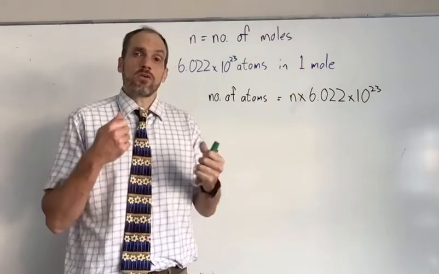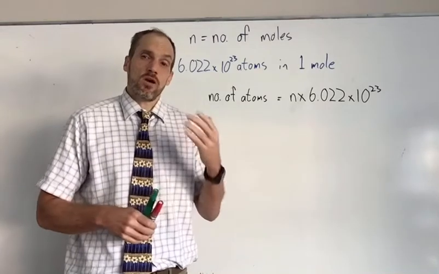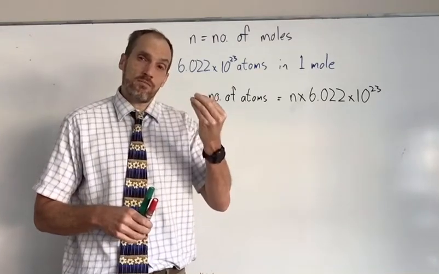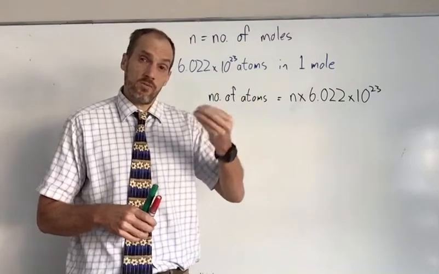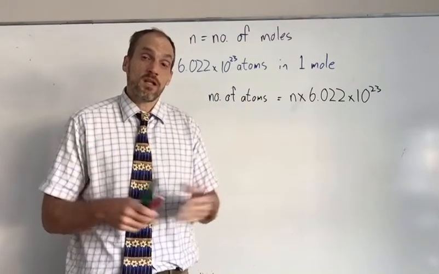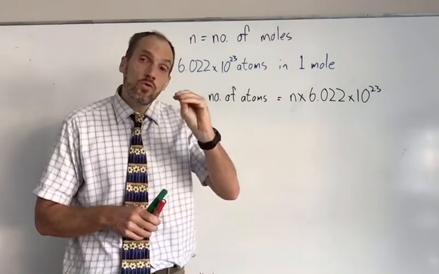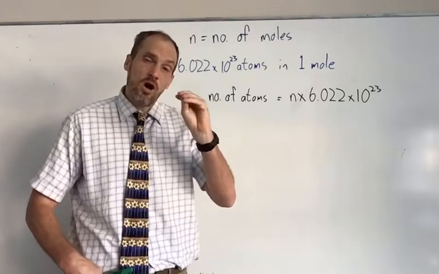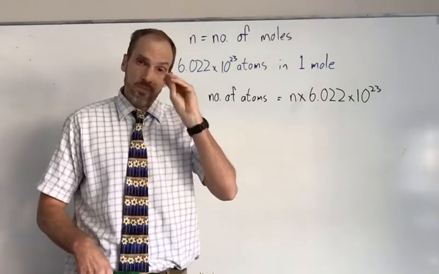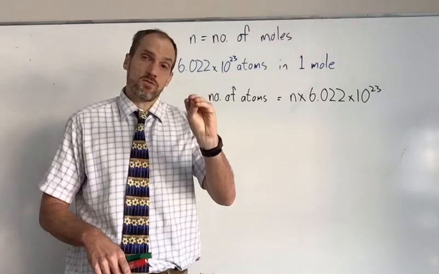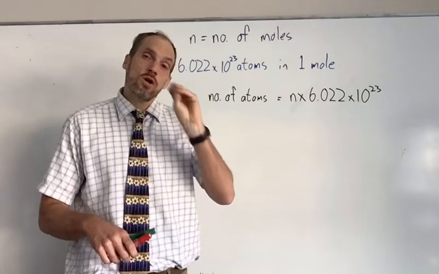So what Avogadro did is he took carbon being essential for life, okay, we are all carbon-based life forms. So he knew that a single atom of carbon 12 had an atomic mass of 12. So what he did is he took a workable quantity of carbon.